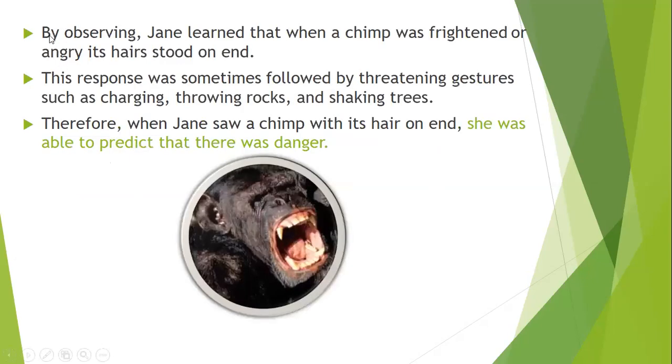By observing, Jane learned that when a chimp was frightened or angry and its hair stood on end, it was going to do something dangerous, like throwing rocks, shaking trees, or making loud noises. She predicted this, and it was dangerous for people to interact with them then.